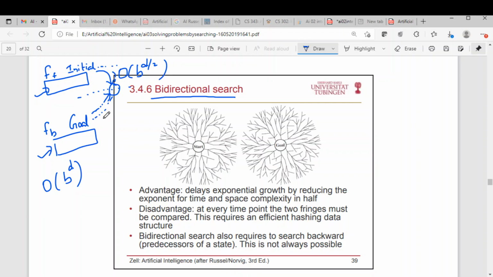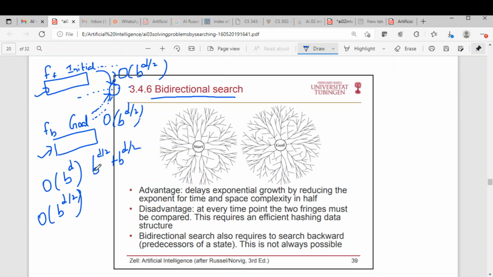Similarly, the backward search is also order of b to the power d by 2. Actually the time complexity will be b to the power d by 2 plus b to the power d by 2. But when we mention time complexity, it is a factor of b to the power d by 2, so we just mention order of b to the power d by 2.